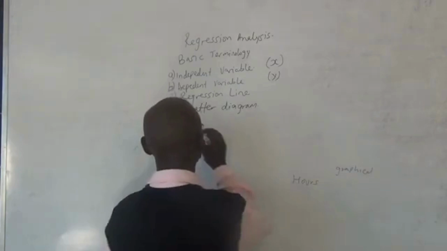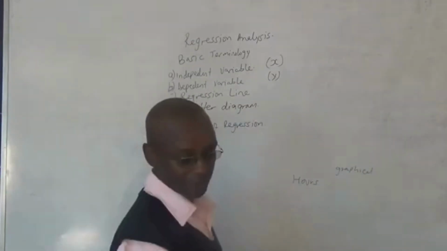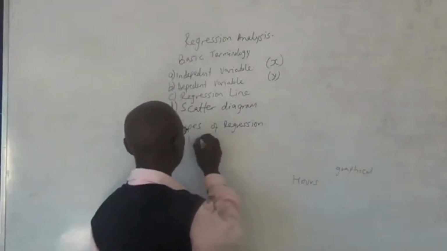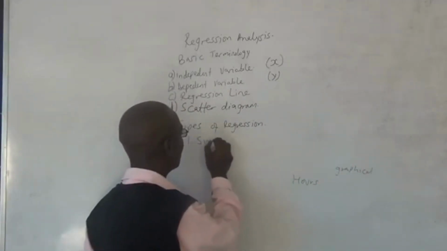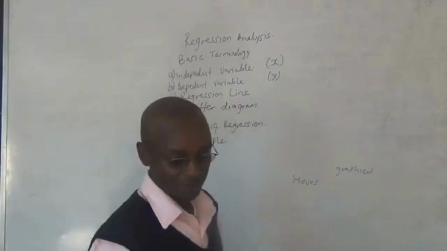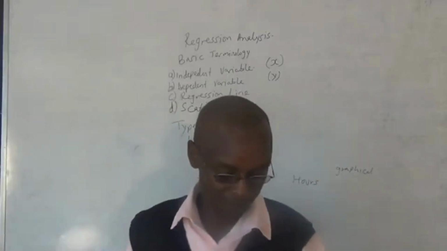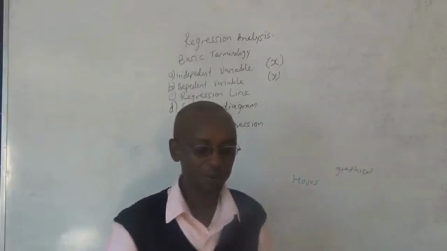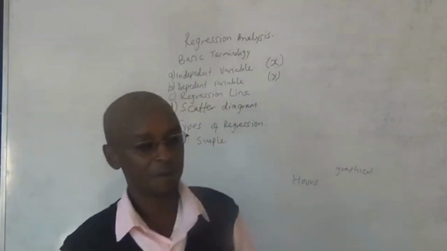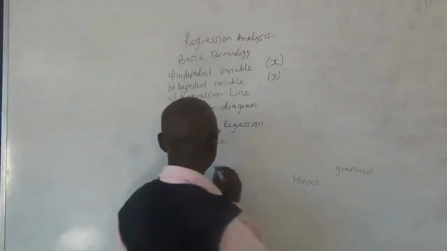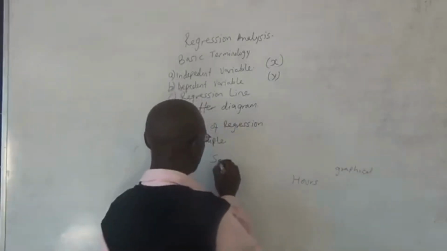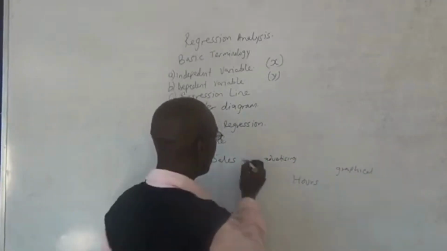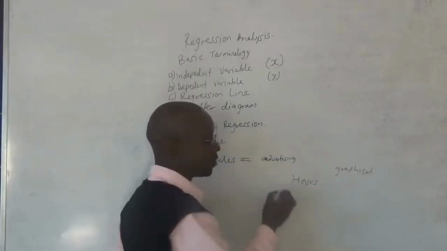Types of regression. Number one, simple regression. Simple regression involves only one independent variable. Example: sales imeongezeka kwa sababu ya pricing.